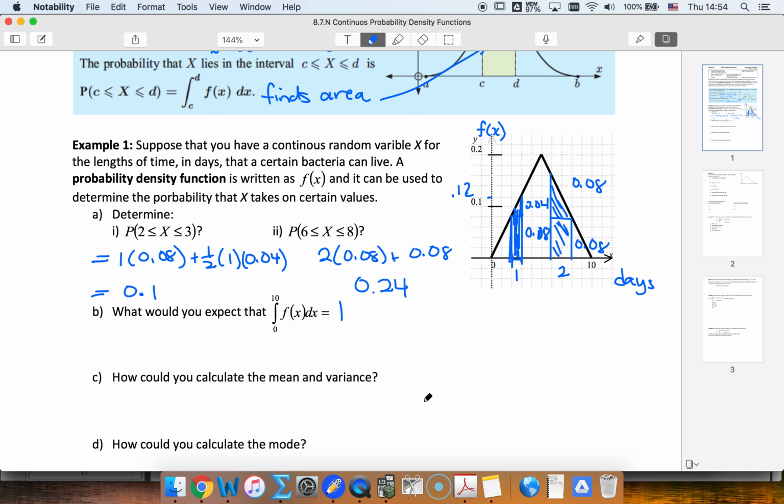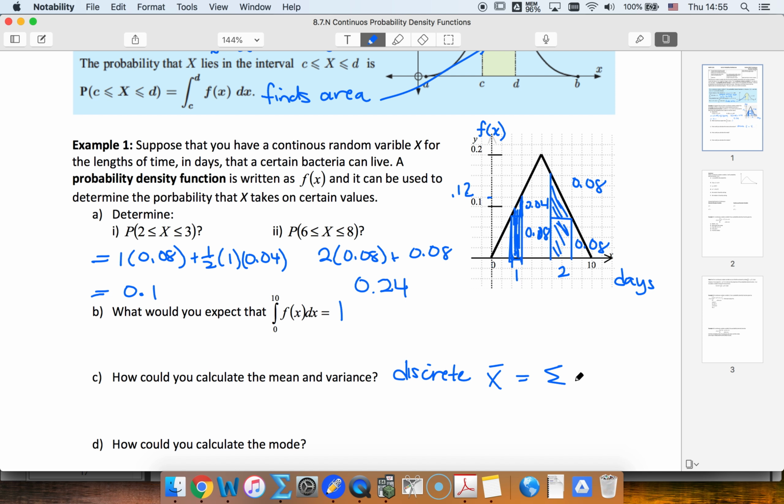If I'm going to think about mean and variance, well, I know that mean is going to be, I'm going to sum up all my x values and multiply them by their probabilities. So for discrete, I know that mean is sum of x divided by, for discrete we can think of it in terms of our probabilities.